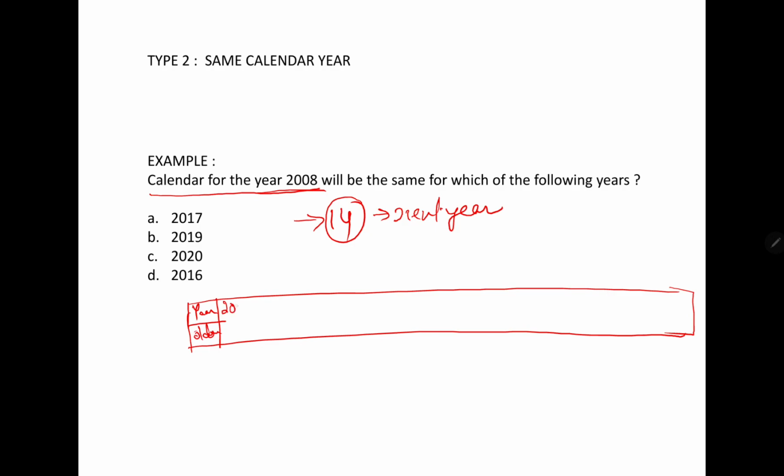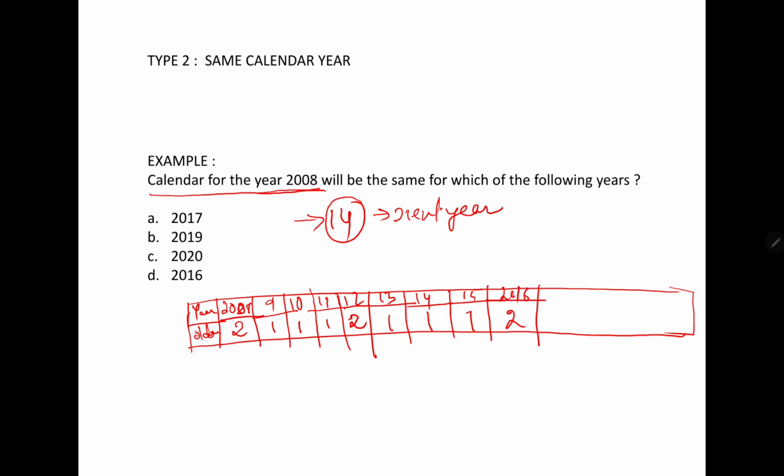So let's start from 2008. Since 2008 is a leap year, how many odd days will it be? 2. Then 2009 it will be 1. 2010 again 1. 2011, 1. 2012 is a leap year, so it will be 2. 2013, 1. 2014, 1. 2015, 1. 2016 again a leap year, it will be 2.